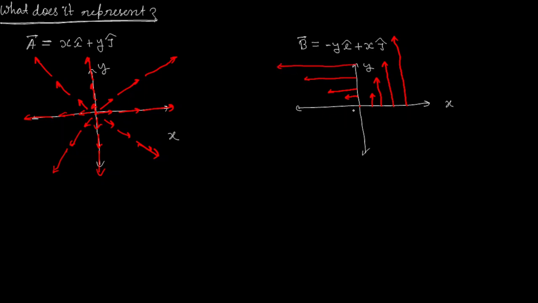Okay, and then we want to draw this vector on the negative x-axis. Again on the negative x-axis, y will be 0 and x will be minus 1, minus 2, minus 3. So what will we get here? We'll get minus j cap, minus 2 j cap, minus 3 j cap. So on the negative x-axis, the direction of the vector will be the negative y direction, and the magnitude will slowly increase like this.